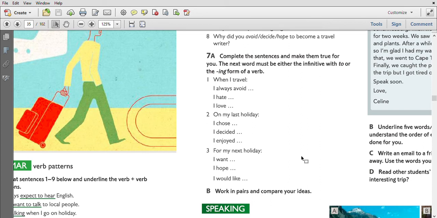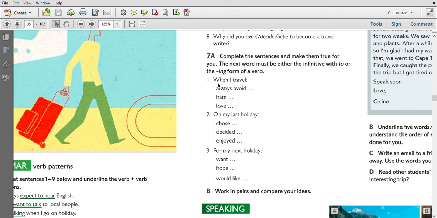The next one, 7a. Let's see, what can we do in this sentence? Complete the sentences, make them true for you. The next word must be either the infinitive with to or the ing form of the verb. When I travel, I always avoid, for example, unknown places or strange places.